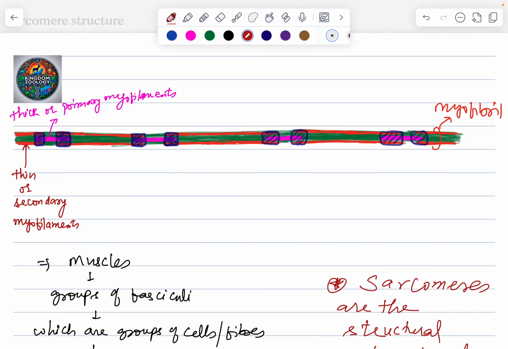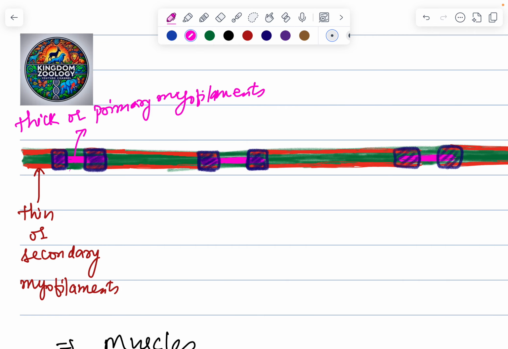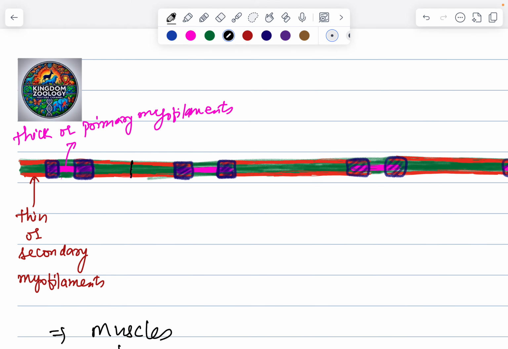Now in the structure of the sarcomere, in the structure of the myofibril, we'll notice that there are faint lines visible when you observe it under a microscope.